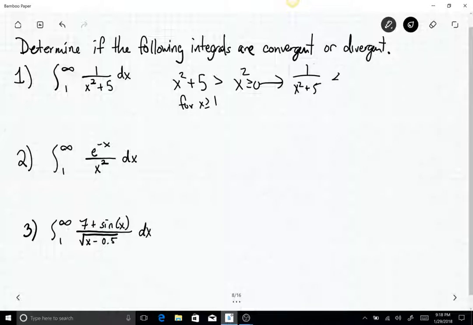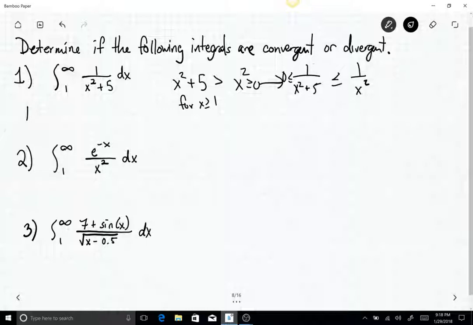In a similar manner, you have that this is going to be less than, I'll just put the equal just for kicks, not necessary. And then we know, since you have an x squared plus 5, it's always going to be positive. That's important. We have that this is positive. So this thing's bounded by 1 over x squared.